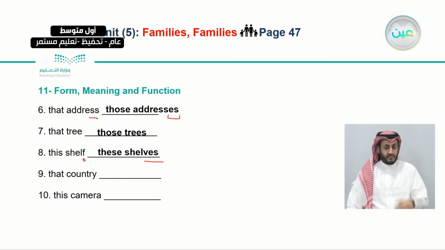That country ends with Y. And there was a consonant, which is the R. So what should I do in this case? Those countries. I change the Y into I-E-S. Number 10, this camera, these cameras. How was that?